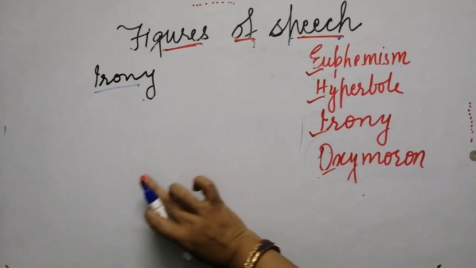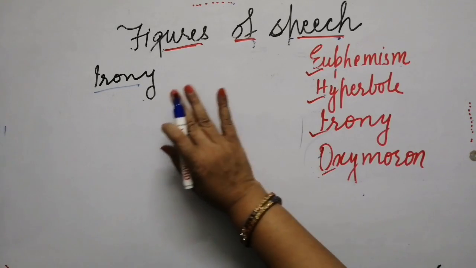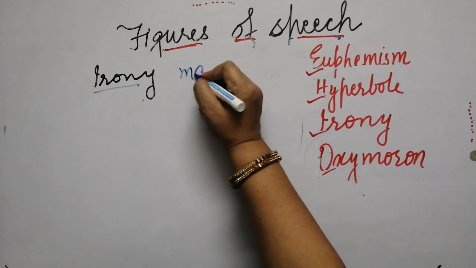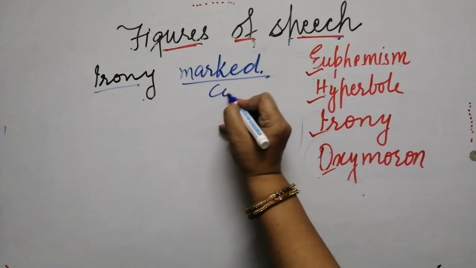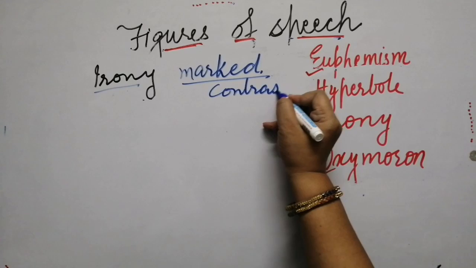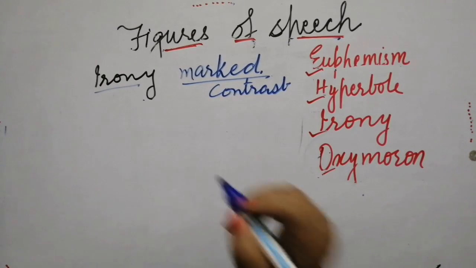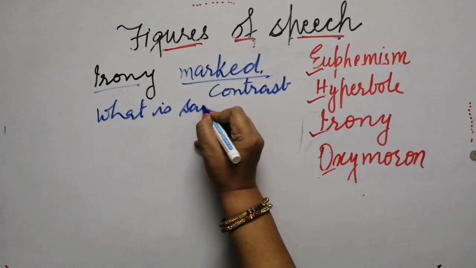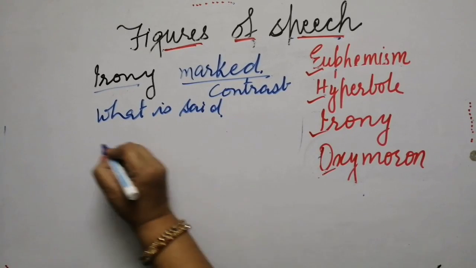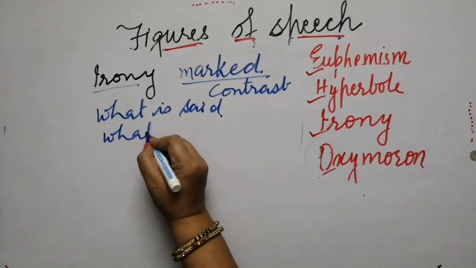So, irony. Irony occurs when there is a marked difference, marked contrast, you can say, contrast between what is said and what it meant.